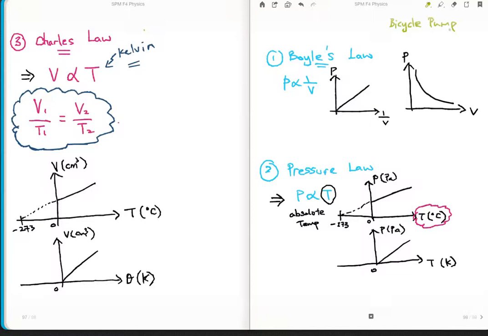Initial and final, when you press down, what is it? The tire will be pressure law. This is what happens in a tire: temperature increases, pressure increases. Charles' law: hot air balloon.